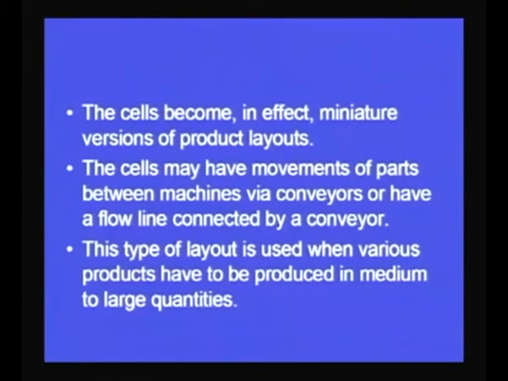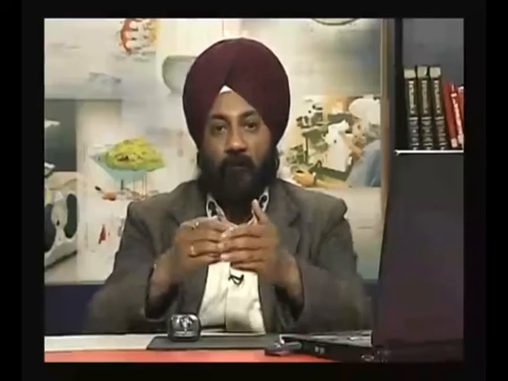Also, this type of layout is used when various products have to be produced in medium to large quantities. So, where this type of layout is used is also specified in this point.